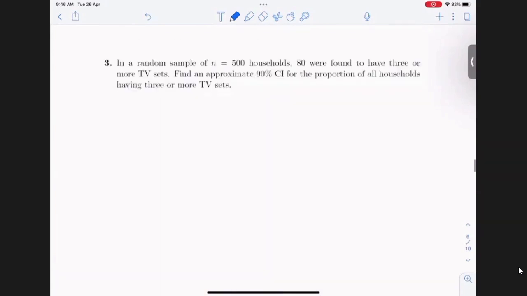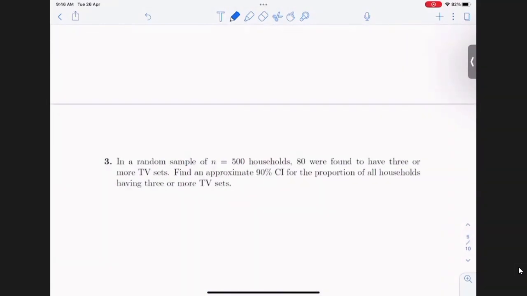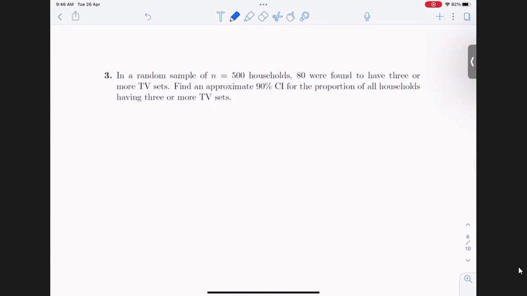Actually, there are some other questions in this worksheet. For example, in question number 3, I don't have enough time, so I will just work on this to show you the walkthrough of this question. So this is actually a problem about how we can construct a confidence interval for the population proportion.